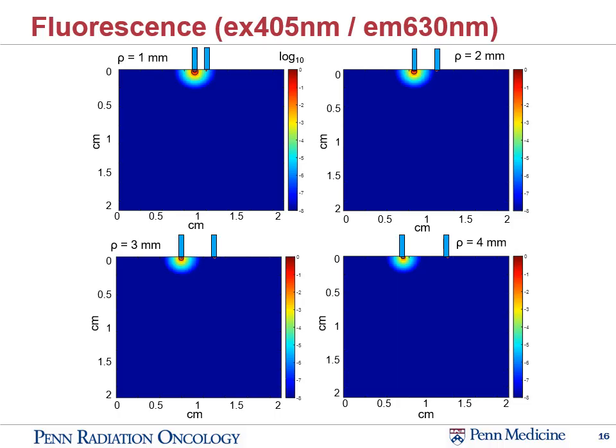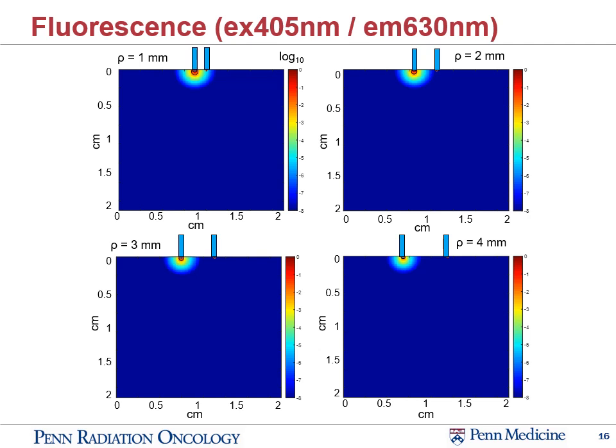In these four figures, source and detector separation was increased from 1 to 4 mm. We see a very similar pattern on each of the plots, where there is a hot spot right at the contact between the source and tissue, regardless of where the detector fiber is located.